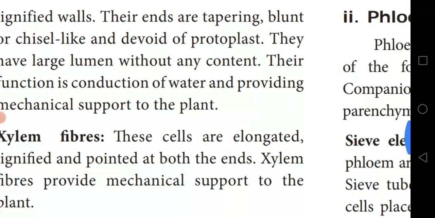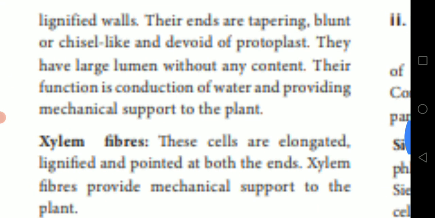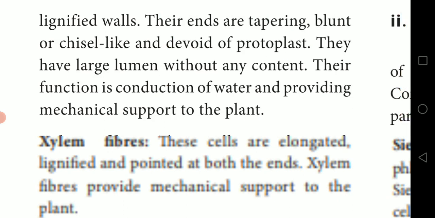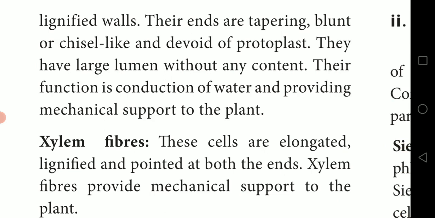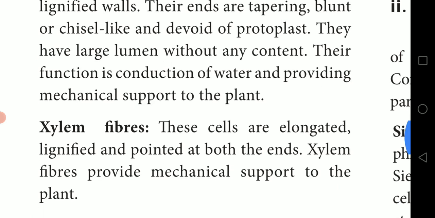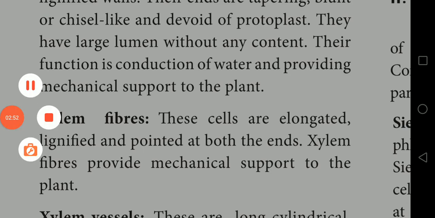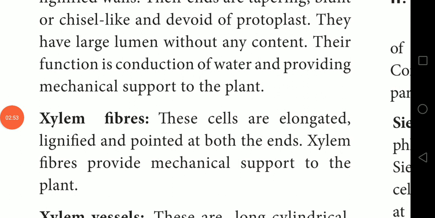The ends are tapering, blunt or chisel-like and devoid of protoplasts. They have a large lumen without any content. Their function is conduction of water and providing mechanical support to the plant. We have already discussed what mechanical support is.